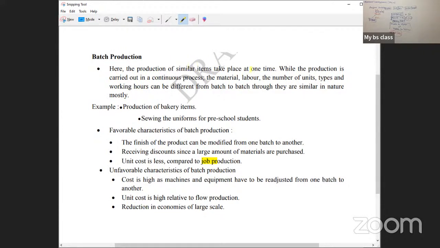So while the production is carried out on a continuous process, the material, labor, the number of units, types and working hours can be different from batch to batch. Batch එකෙන් batch එකට මේක වෙනස් වෙන්න පුළුවන්. And they are similar in nature mostly. Right? Production of bakery items, sewing of uniforms, preschool students. So those are the examples which you need to write in the provided box.